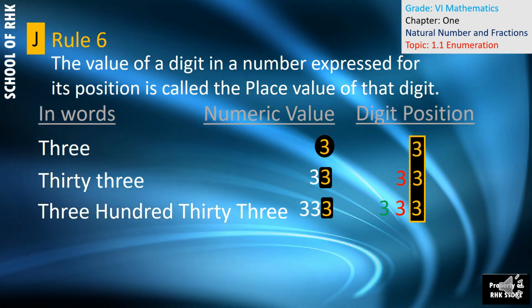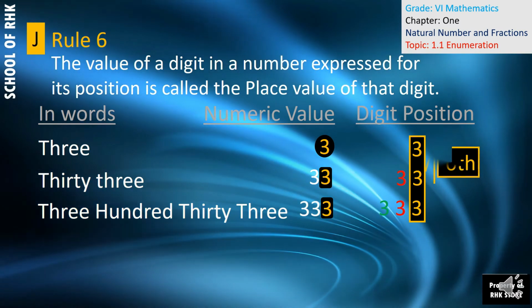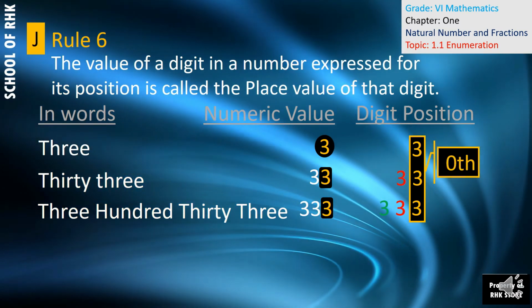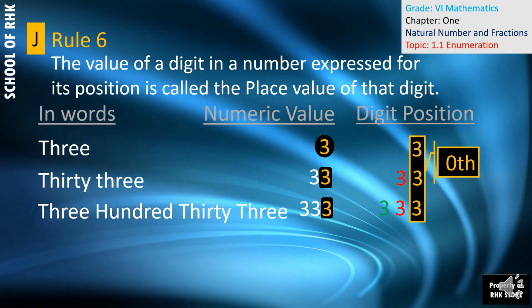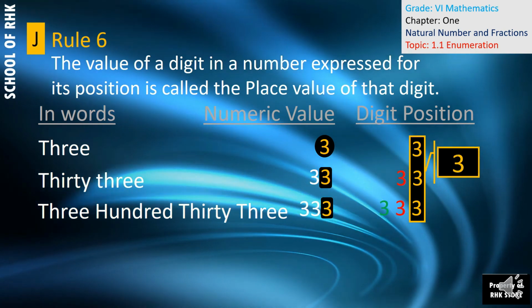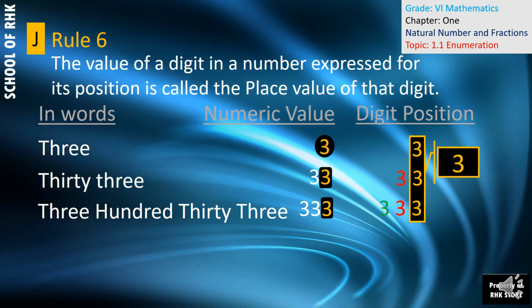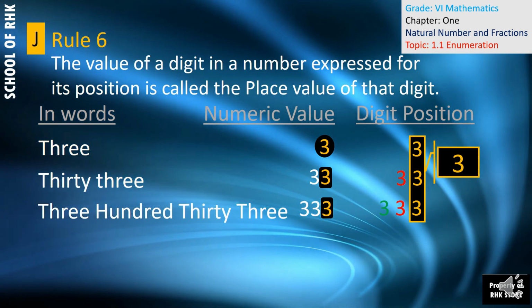The intrinsic value and place value of the digit in the 0th or the extreme right position are the same. The value of these digits will be 3 for all the numbers, that is 3, 33 and 333 in this 0th position.